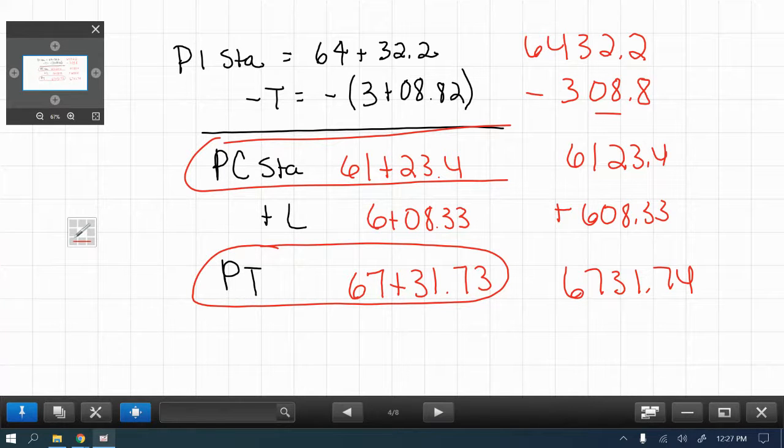So 64, 32.2 minus T, which was 308.82. That would give me 38. Oh, I left the 82 off there.